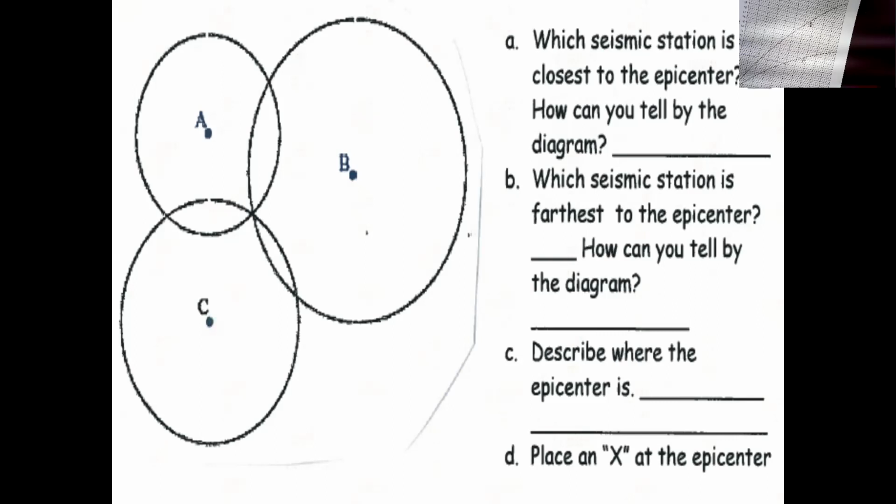And then describe where the epicenter is. How could we put that in words? Where all 3 circles meet. And then it did go ask you to put an X there.